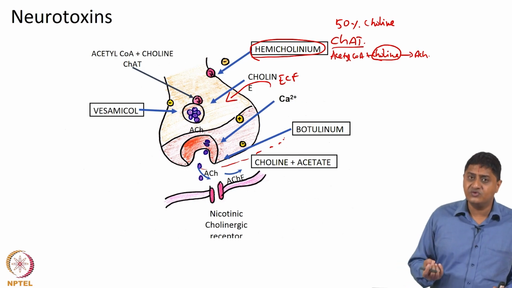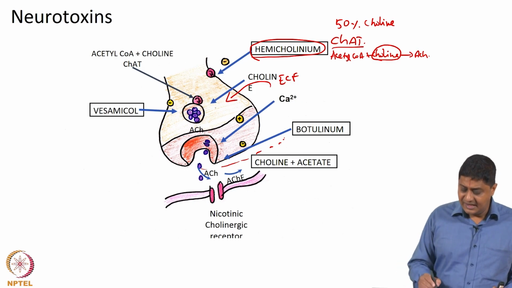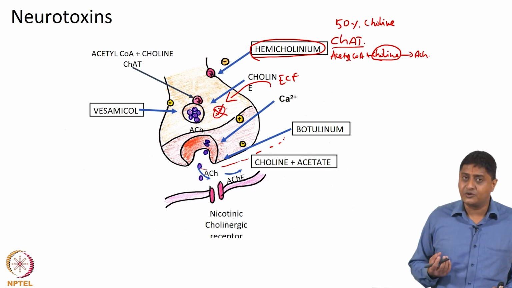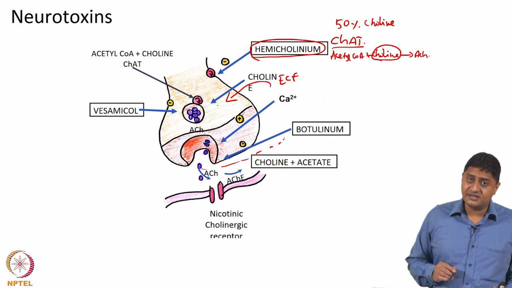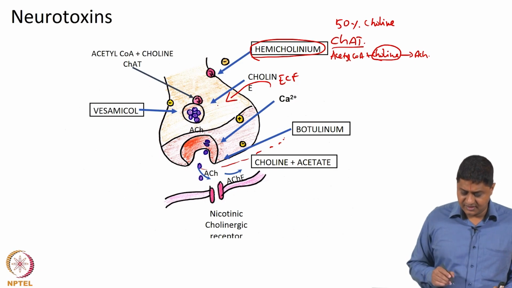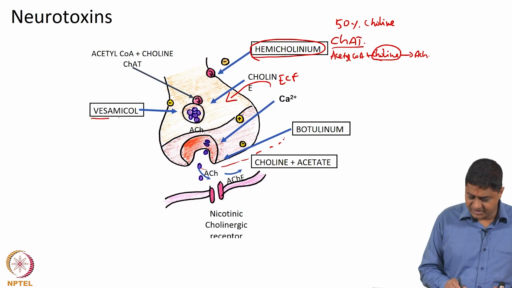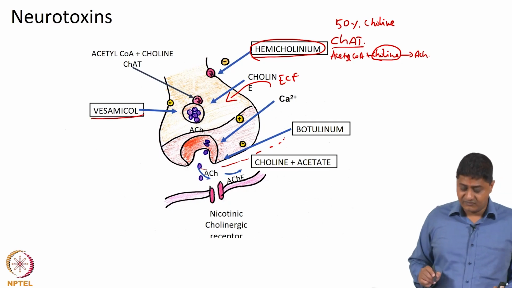Essentially this will reduce the amount of acetylcholine in the presynaptic terminal, right. No more acetylcholine can be manufactured by choline acetyltransferase there, because there is no more raw material, which is choline.